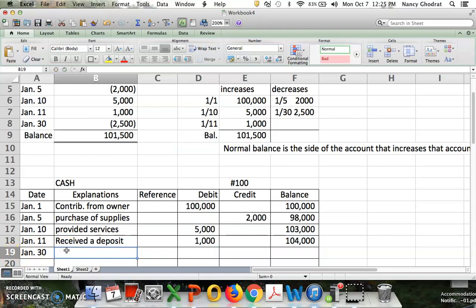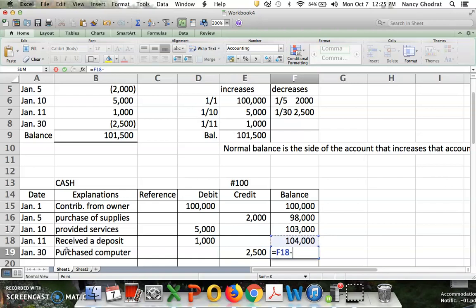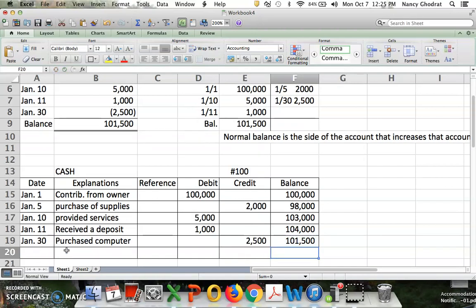And when we purchased a computer for 2,500, because the convention is that for any asset, the reduction goes on the credit side, but we don't have to show it with a negative number, the balance as of January 30th would be 101,500.